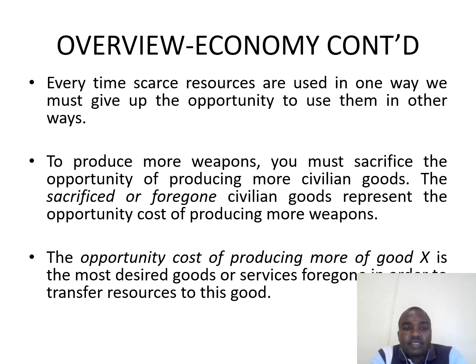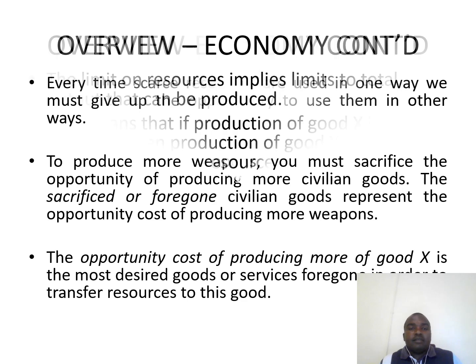The sacrificed or foregone civilian goods represent the opportunity cost of producing more weapons. The opportunity cost of producing more of good X, a hypothetical good, is the most desired goods or services foregone in a bid to transfer resources to the production of this commodity X.